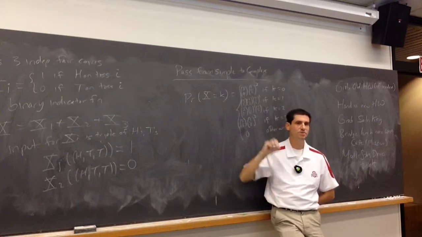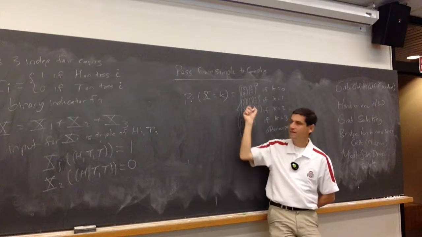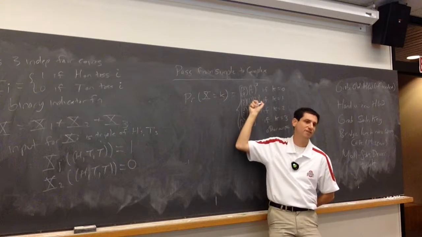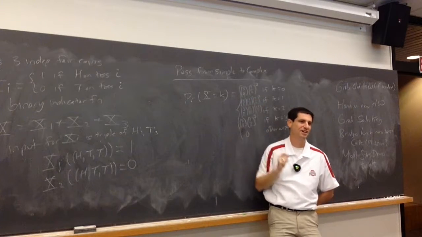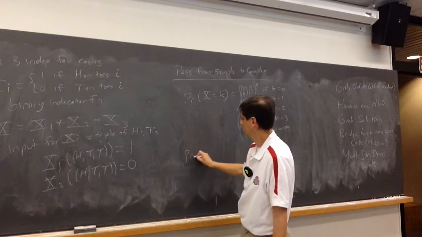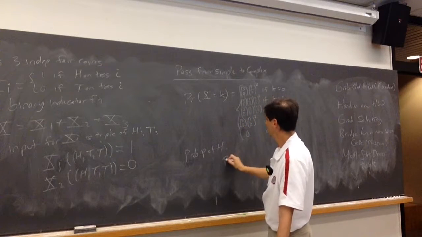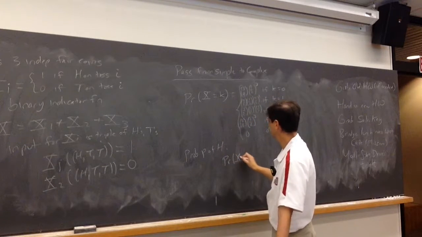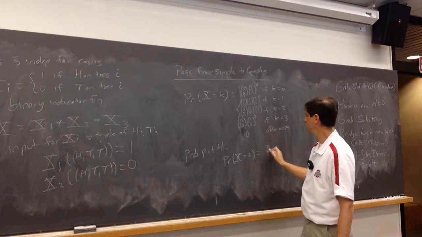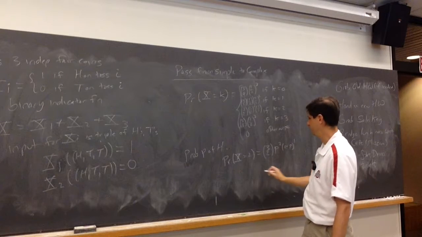You can now see why sometimes it's better not to consider a fair coin. When you look at the fair coin, it's a little bit hard to see what's going on. This 1/2 is actually 1 minus 1/2. If it was probability p of a head, the probability that x equals 2 would be 3 choose 2, p squared, 1 minus p to the first.